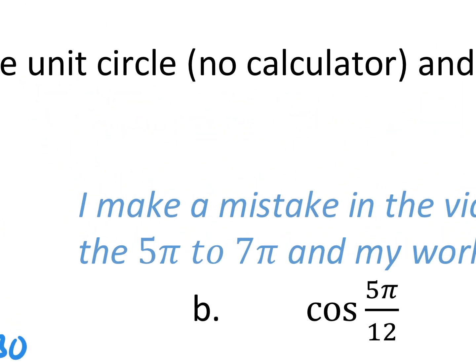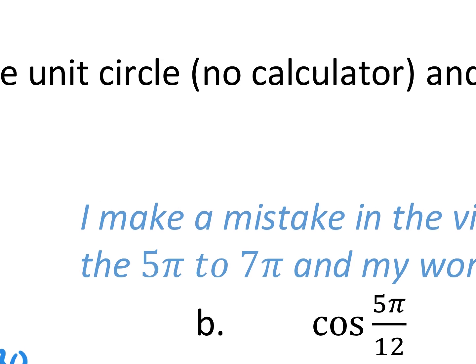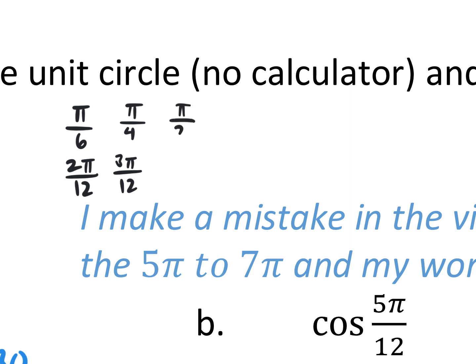Starting with pi over 6. Pi over 6 would be the same thing as 2 pi over 12, right? Pi over 4 would be the same thing as 3 pi over 12. Pi over 3 would equal 4 pi over 12.